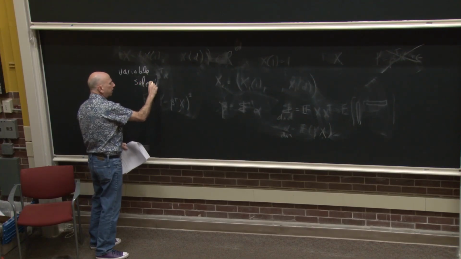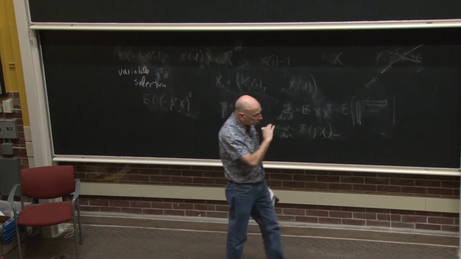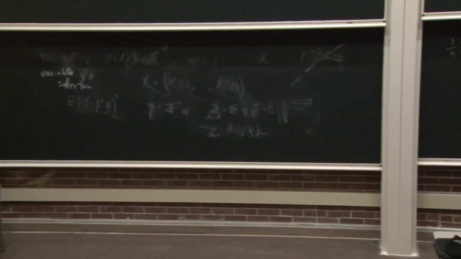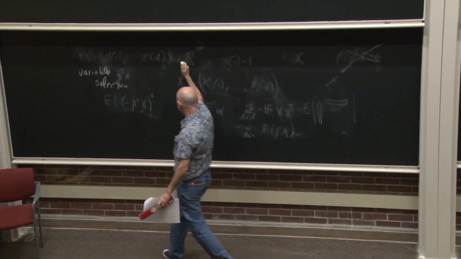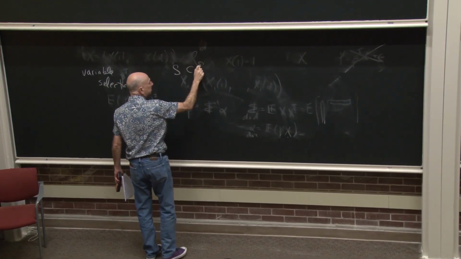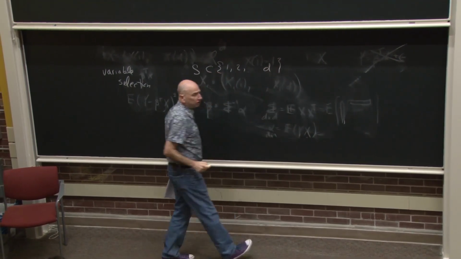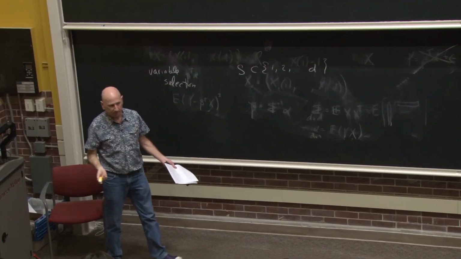So there's another solution to this problem of having too many variables. Instead of shrinking them all, an obvious thing is to choose a subset of them. So what we would do is somehow use the data to choose a subset S of the covariates. Say pick 10 of them or 11 of them.